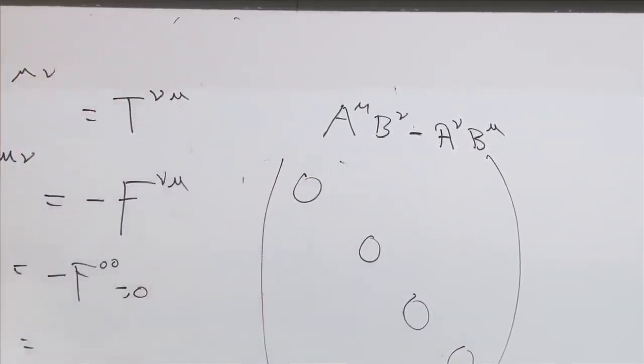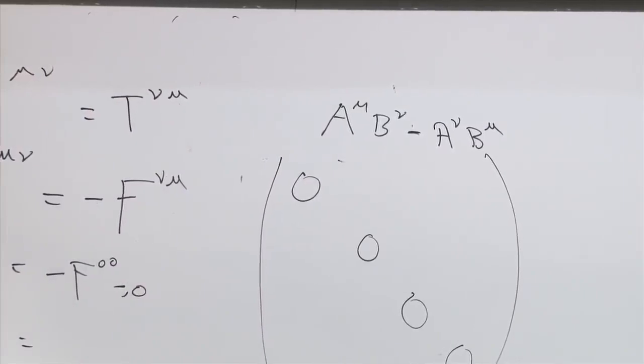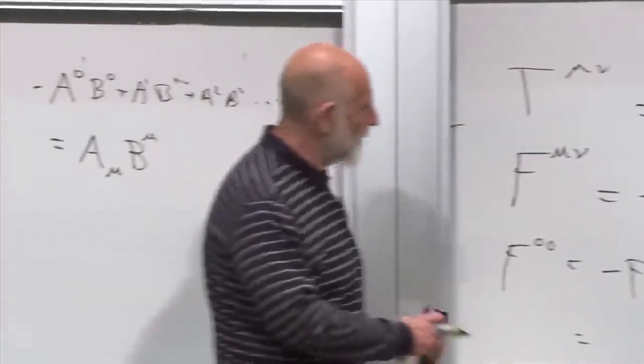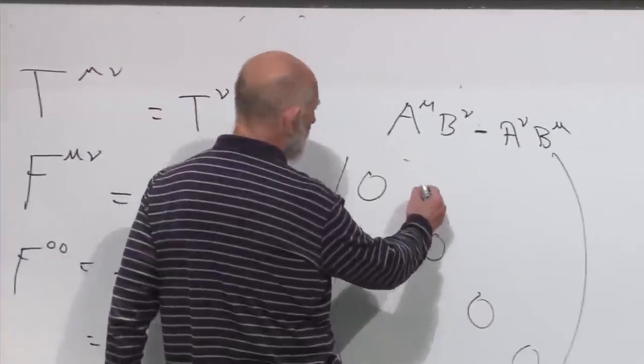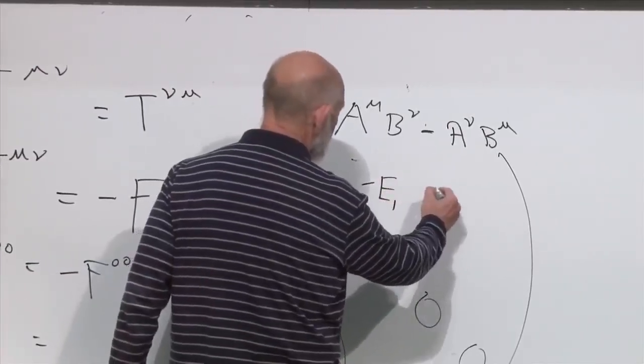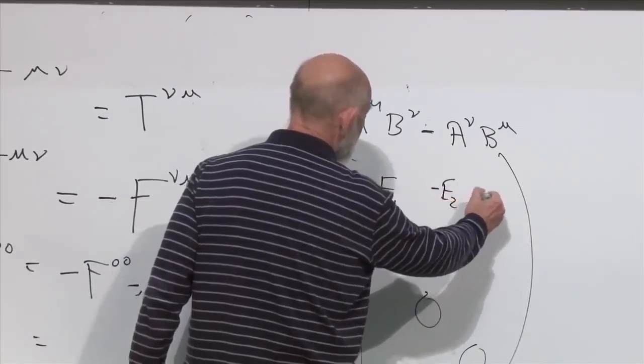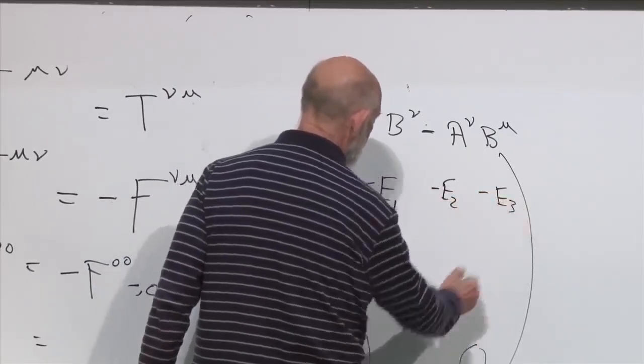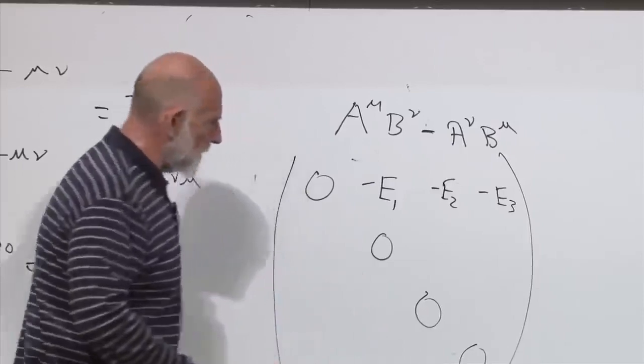And the off-diagonal elements, I'm going to give them names now. I'm going to call this one minus E1, this one minus E2, and this one minus E3.